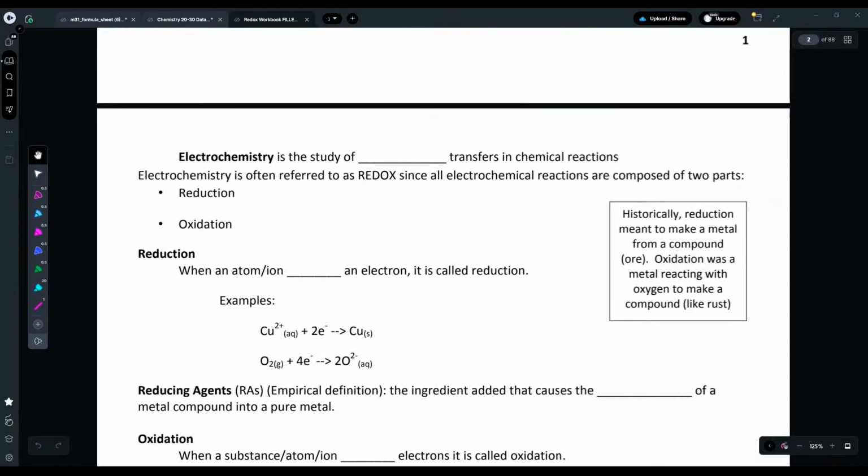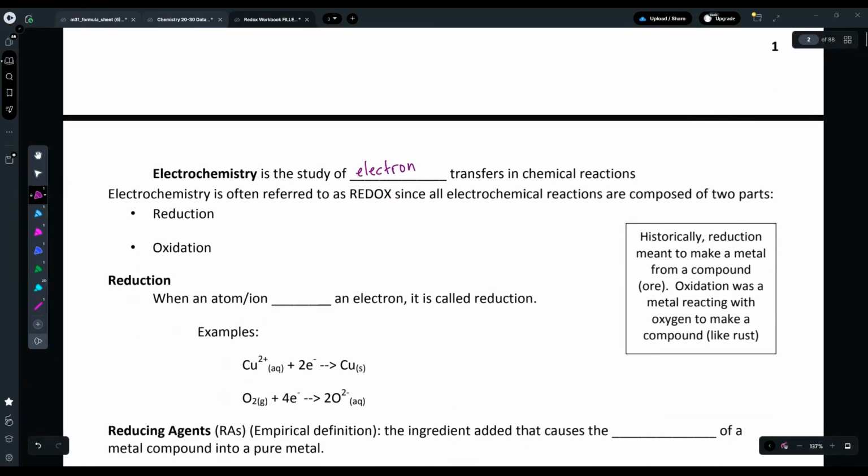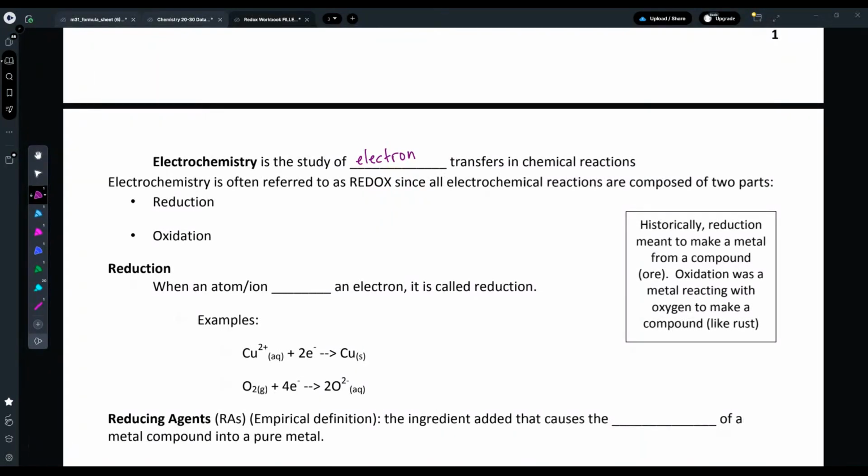So electrochemistry is going to be the study of electron transfers in chemical reactions. Electrochemistry is often referred to as redox since all electrochemical reactions are composed of two parts, reduction and oxidation.